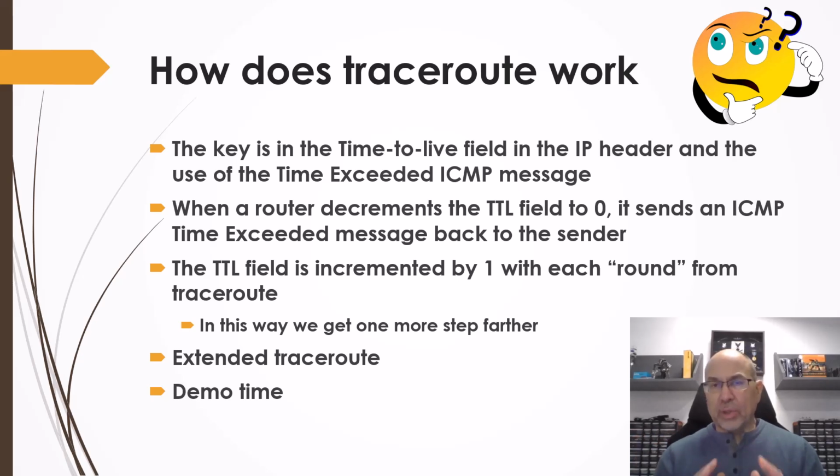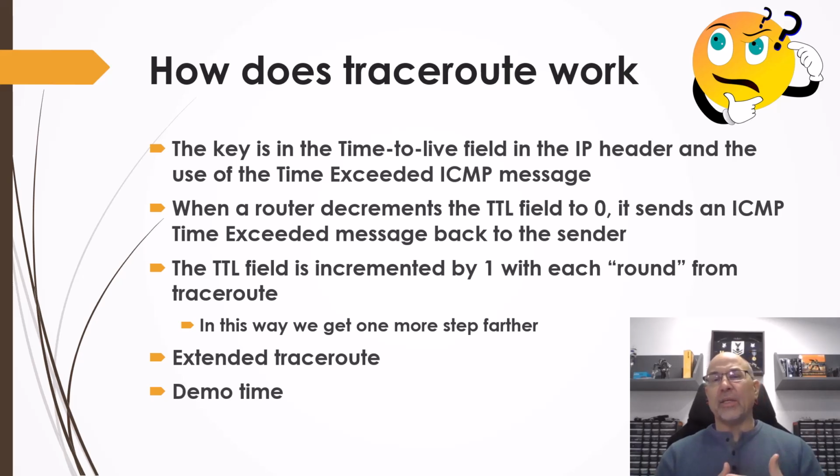Now, TRACEROUTE leverages this by sending messages out first with a time to live of 1, and then with a time to live of 2, and then a time to live of 3, and so on. So the first router gets it, the time to live is 1, it decrements it to 0 and sends a message back. And you go, aha, I know the first hop out.